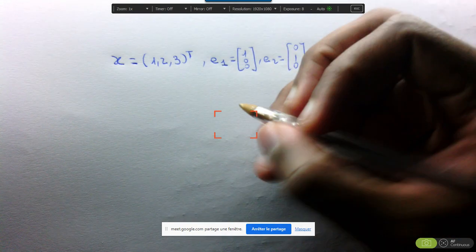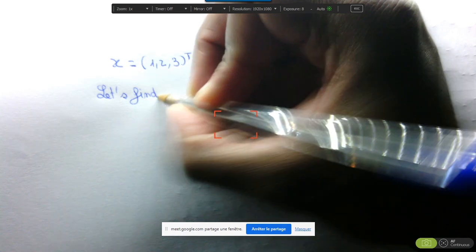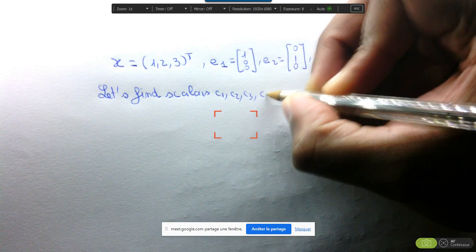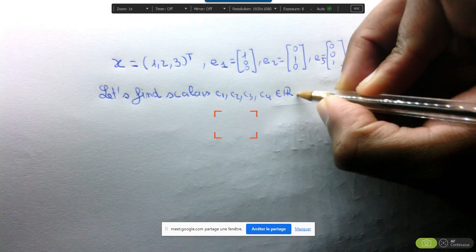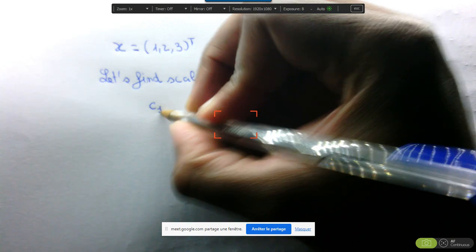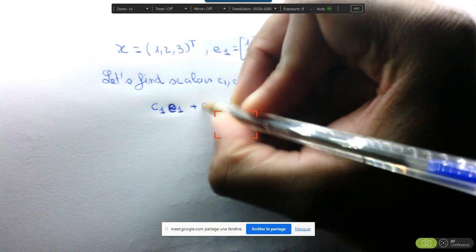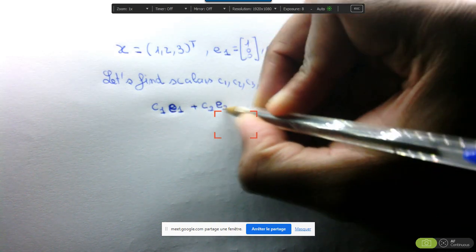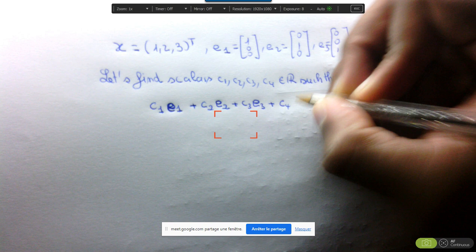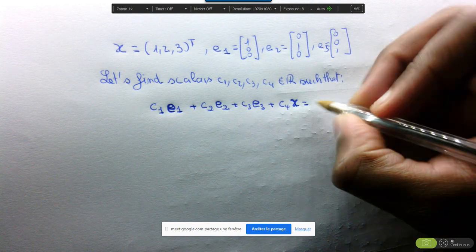So let us find scalars C1, C2, C3, C4 that belong to the set of real numbers such that C1 e1, the vector e1, plus C2 vector e2, plus C3 e3, plus C4 vector x will be equal to the 0 vector.